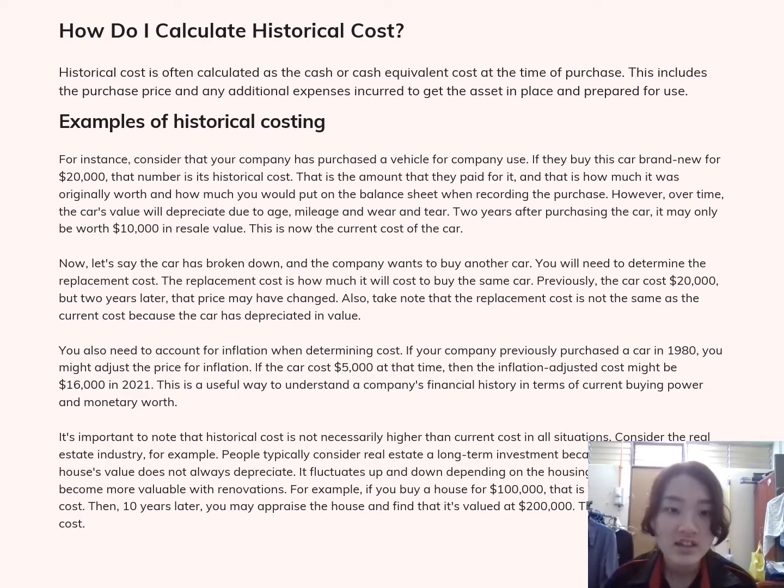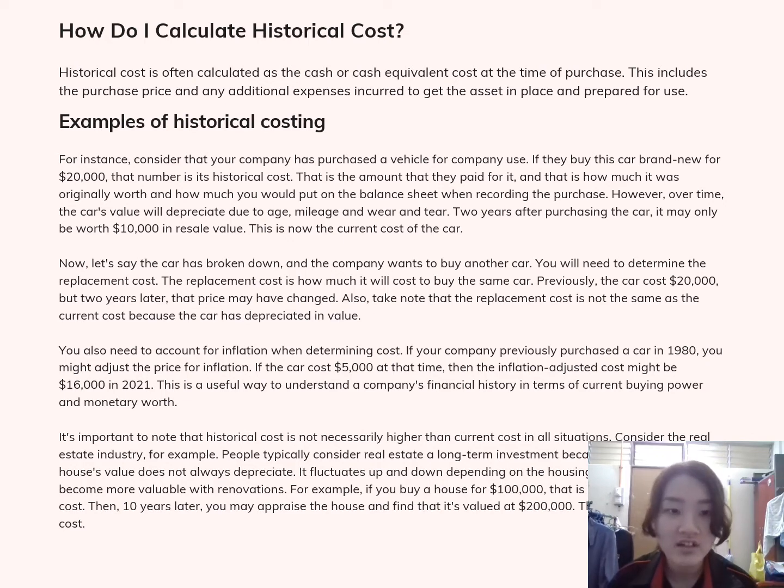This is a useful way to understand a company's financial history in terms of current buying power and monetary worth. It's important to note that historical cost is not necessarily higher than current cost in all situations.